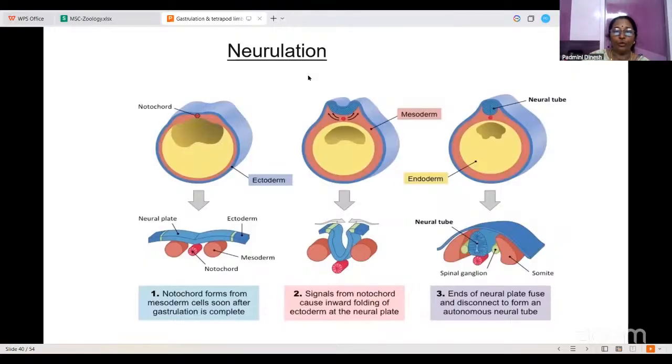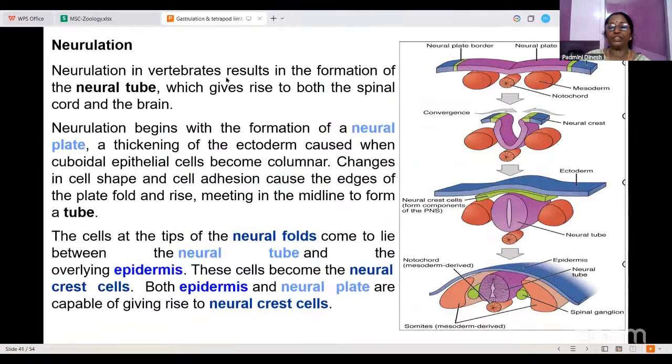So what is neurulation? Neurulation in vertebrates results in the formation of the neural tube. How is this neural tube going to be formed? Now, there's information that has to be given to the ectoderm above.